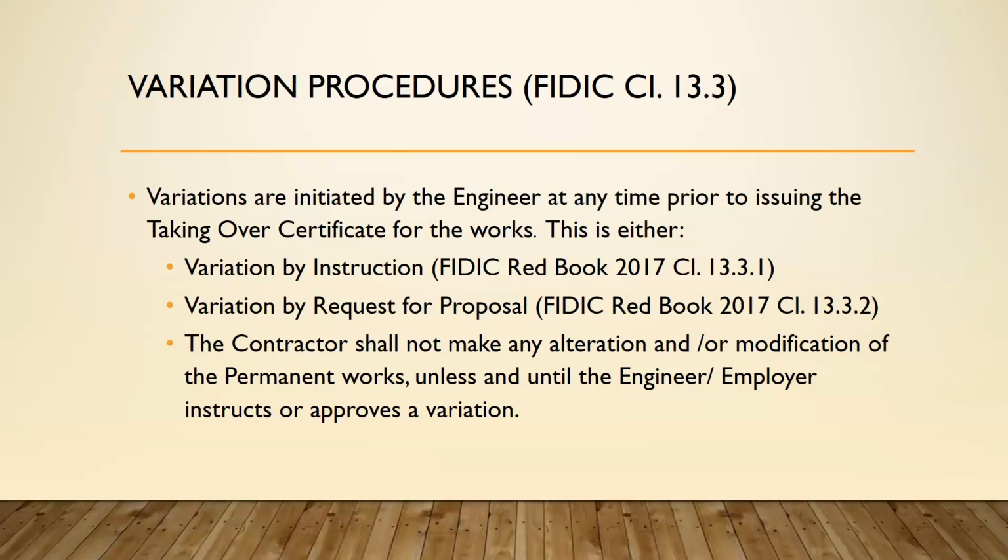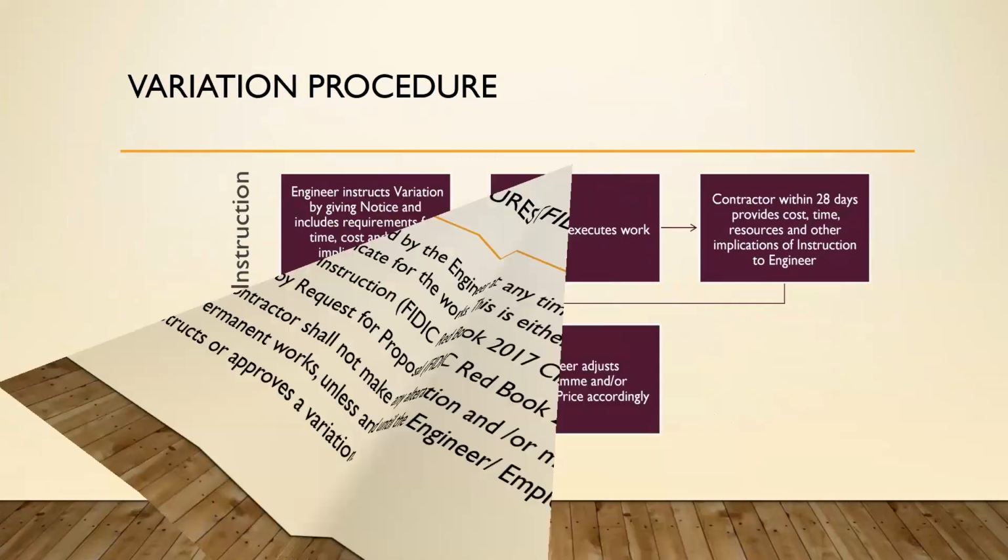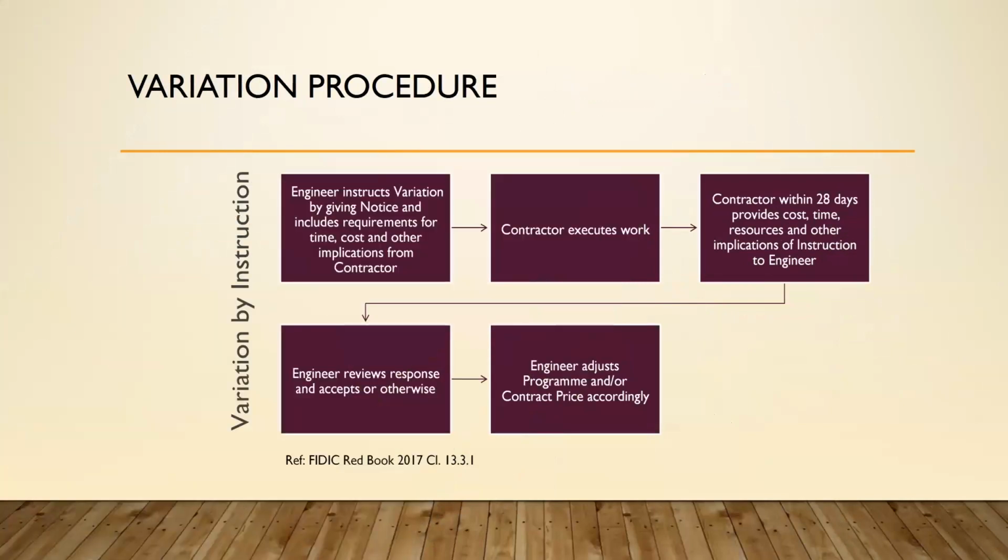So the contractor shall not make any alteration or modification of the permanent works unless and until the engineer or employer instructs or approves of variation. So I have a flow chart here to illustrate the procedure of variation.